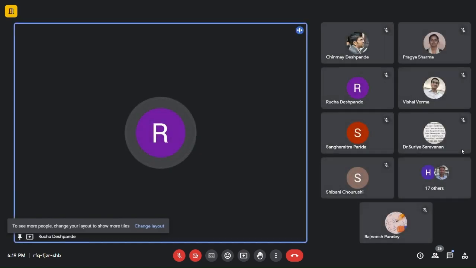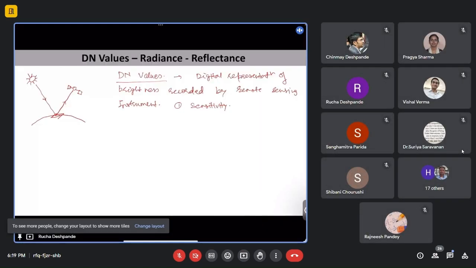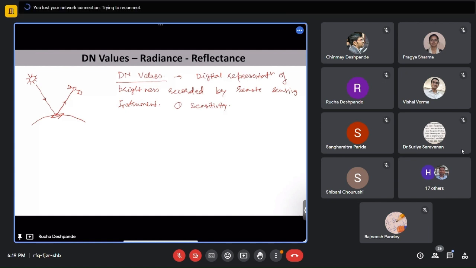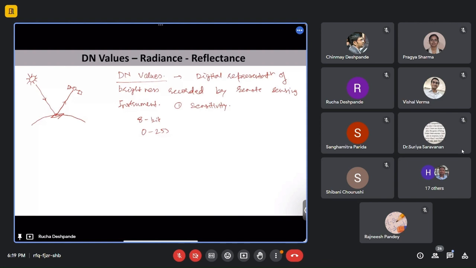DN values have no unit, and they don't convert it to physical units. If it's 4-bit, then they'll vary from 0 to 15 and so on.